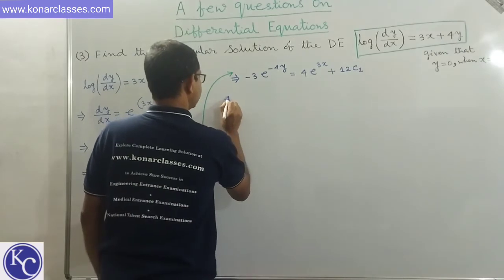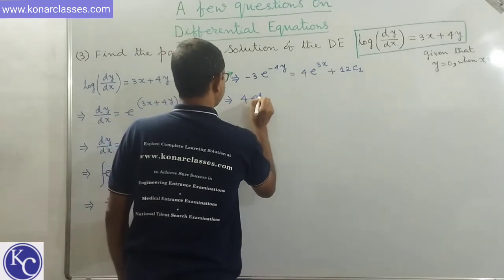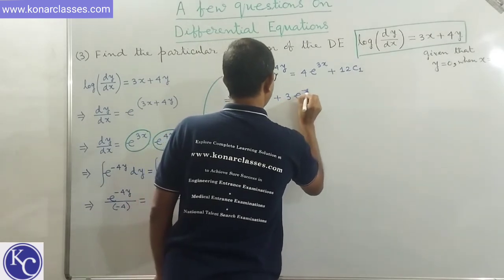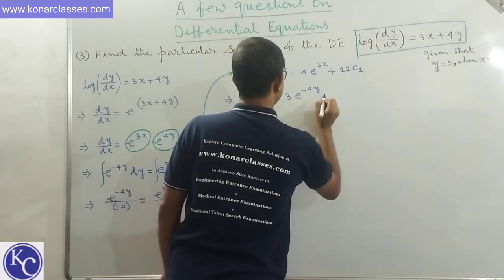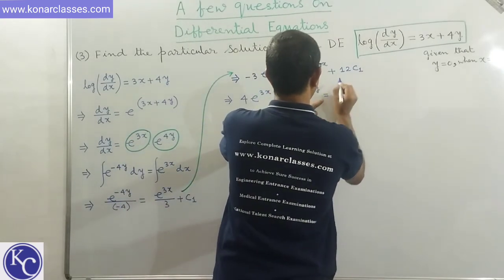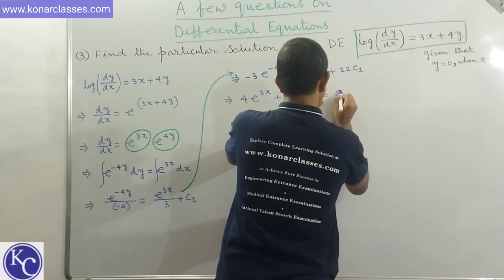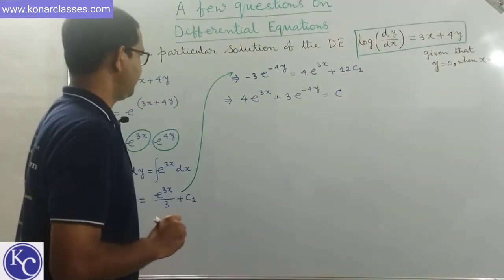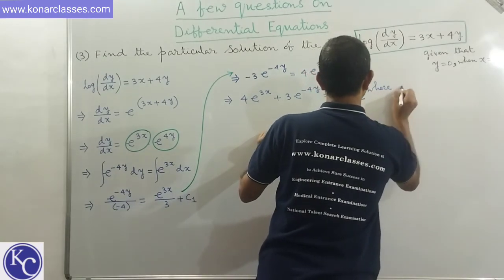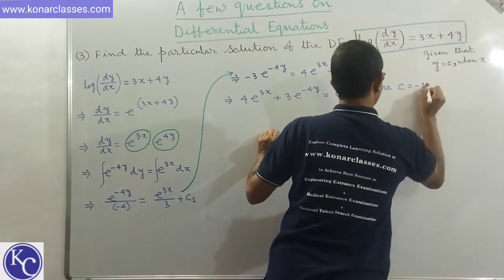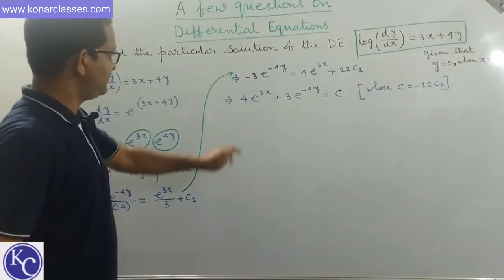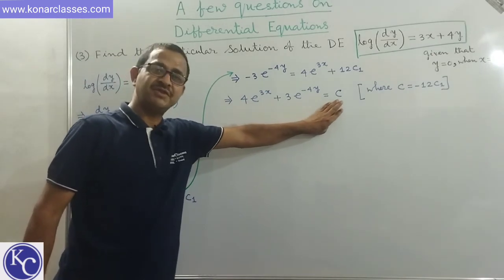Or we can write that 4 into e power 3x plus 3 into e power minus 4y is equal to minus 12 c1, and that we give as a new arbitrary constant called c. So we can write here, where c is equal to minus 12 c1. Correct? Now this is a general solution having arbitrary constant c.